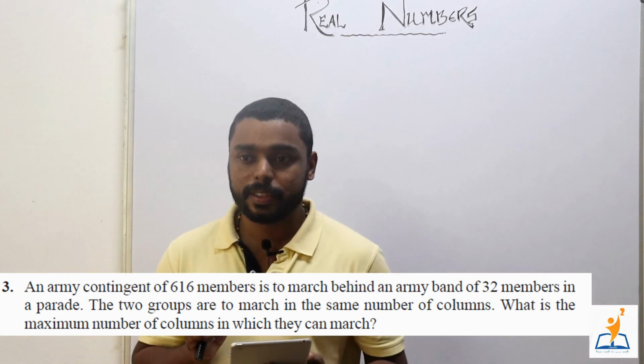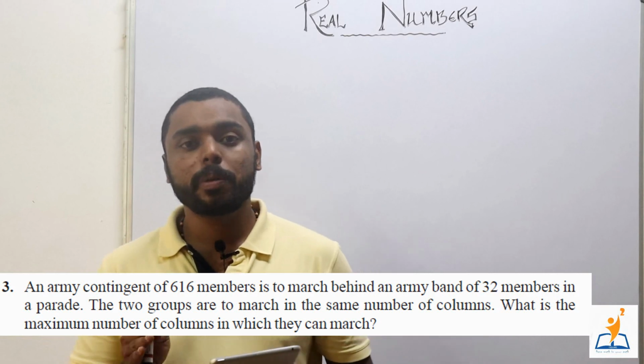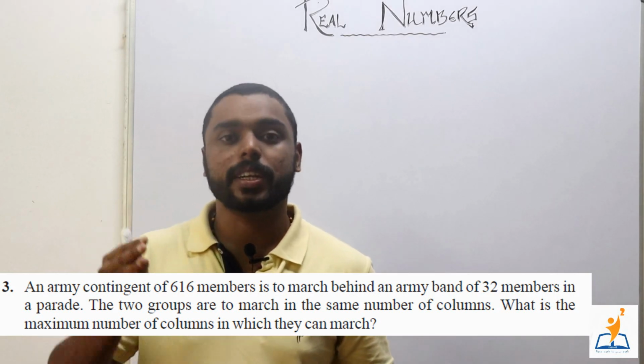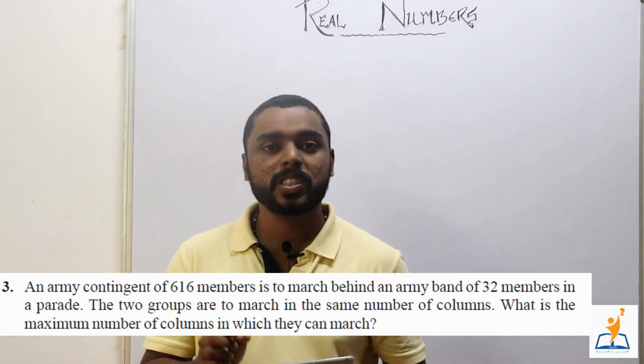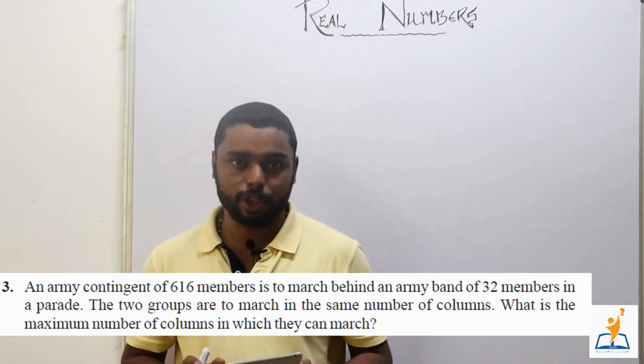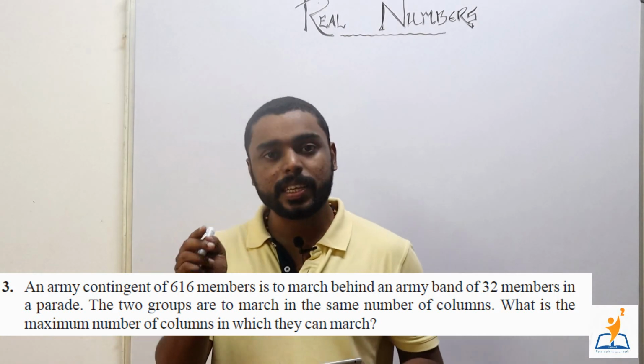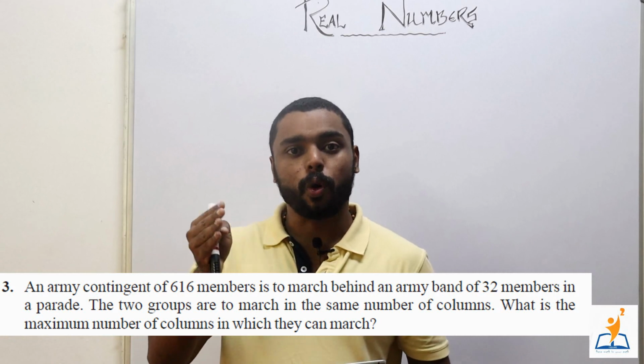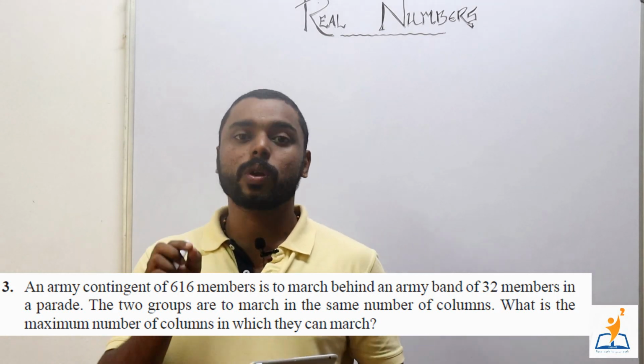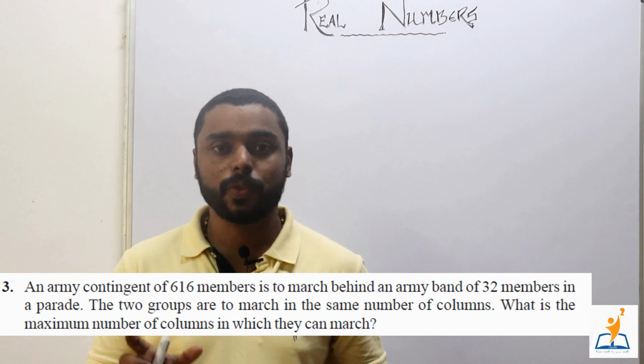How can we find this? Since 32 members have to divide into certain columns, the number of columns must be a factor of 32. Since 616 members have to form columns, the number of columns will also be a factor of 616.